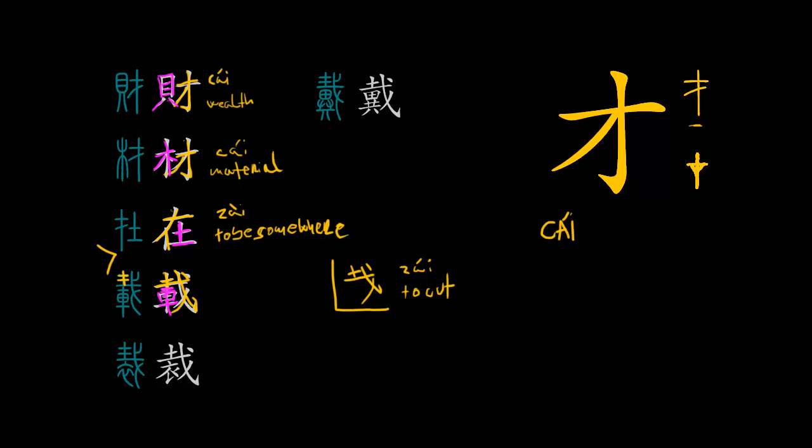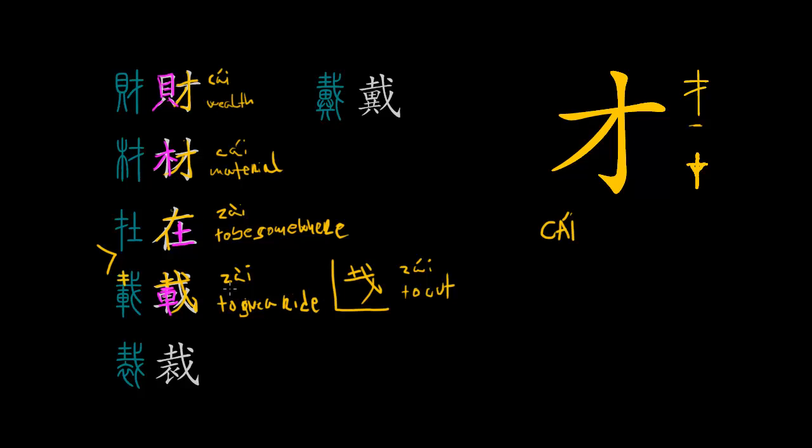The meaning of this character is, if you say, for instance, 我载你去, it means I will take you somewhere, I will give you a ride. So to drive someone or something somewhere by some sort of car is this character, and it is pronounced zai. So, to give a ride.